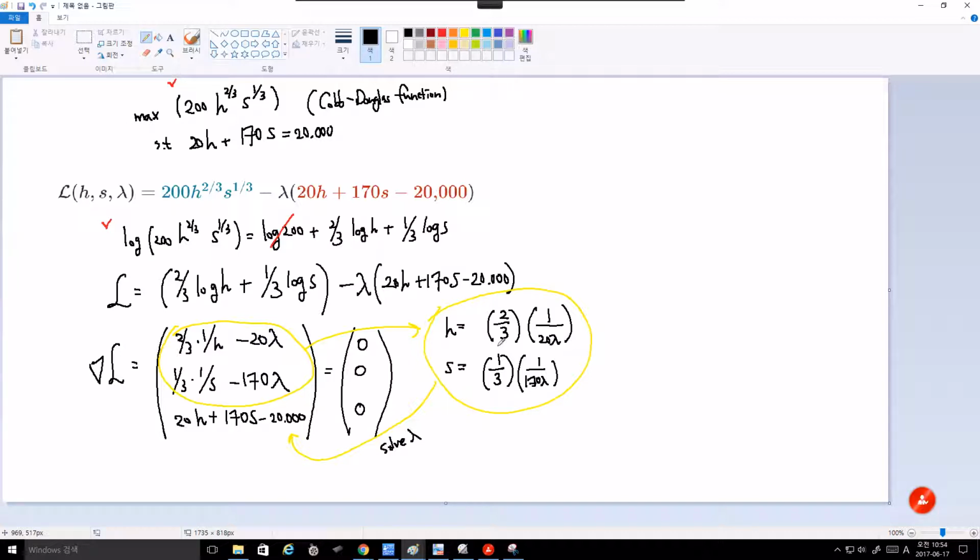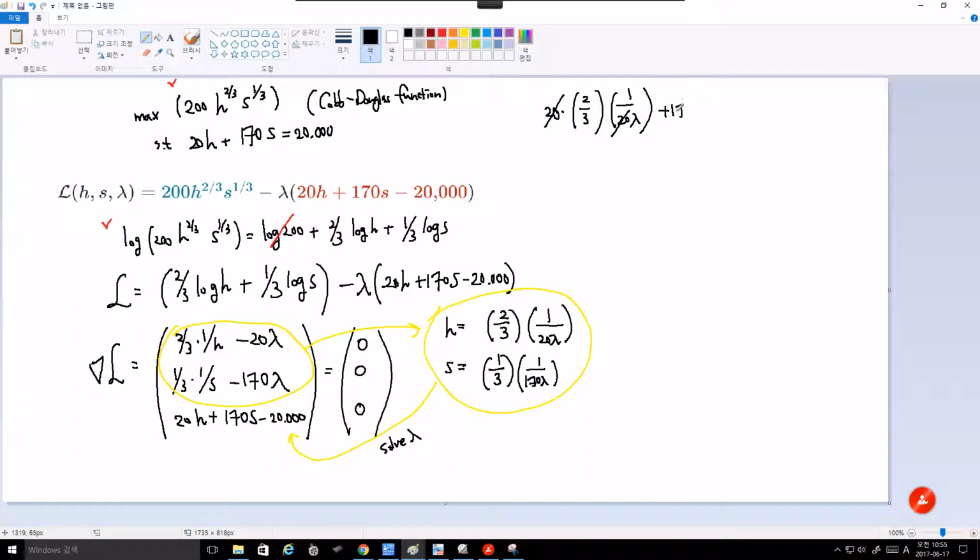So basically, let's plug in H and solve. We have 20 multiplied by 2/3 and 1 over 20 lambda. Well, they beautifully cancel out.